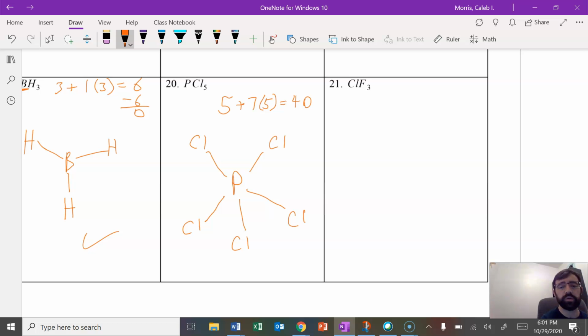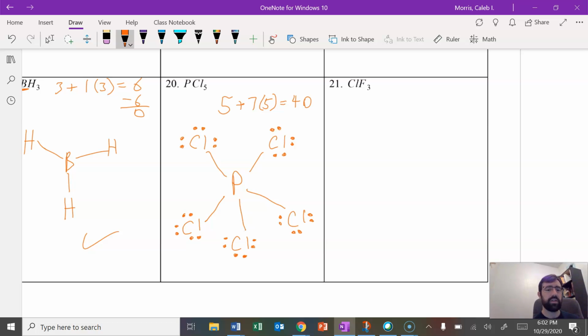And then we've got to keep going until we get to 40. 10, 12, 14, 16, 18, 20, 22, 24, 26, 28, 30, 32, 34, 36, 38, and then 40. So we've used all of the electrons.